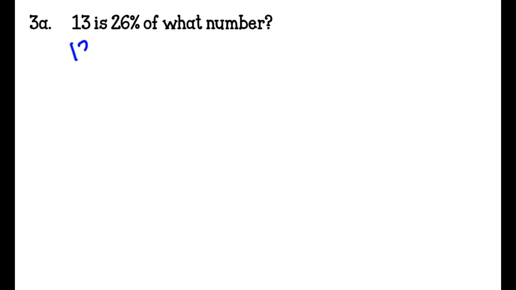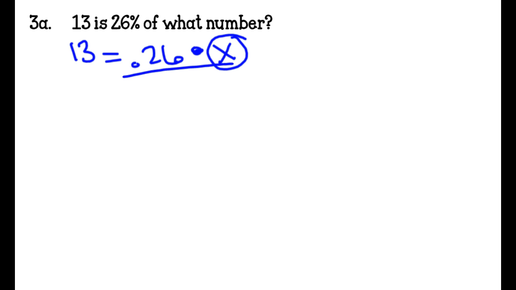3a, we have 13 is means equals. 26% is 0.26. Of means multiply. What number? We're going to do x. So again, to undo this so that the variable is by itself, we have to undo that multiplication. So we divide by 26 hundredths.